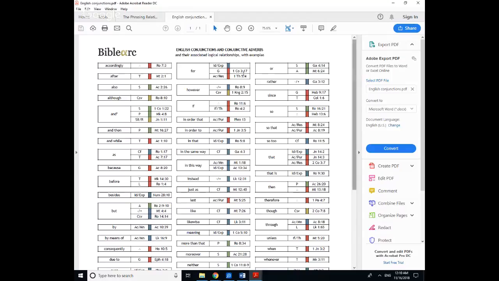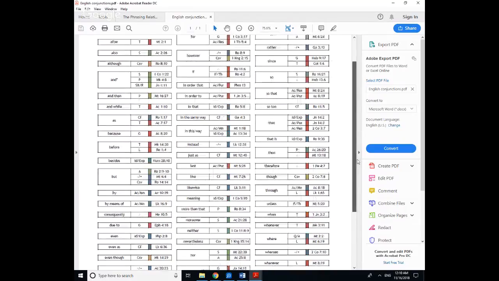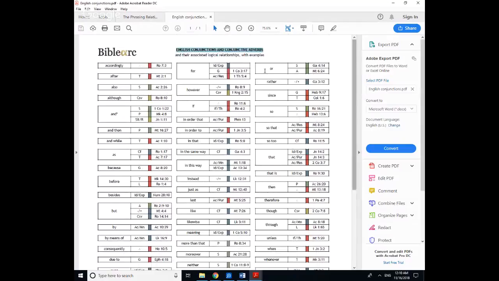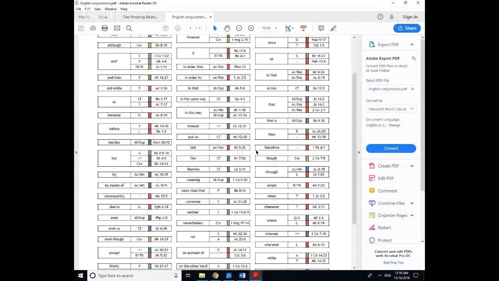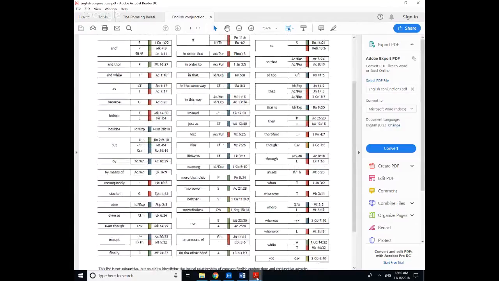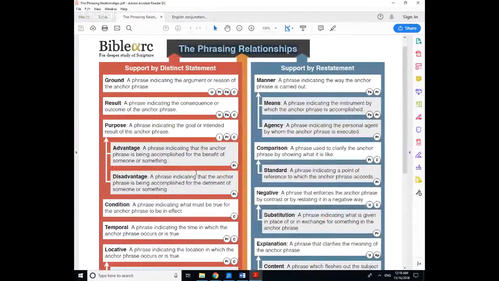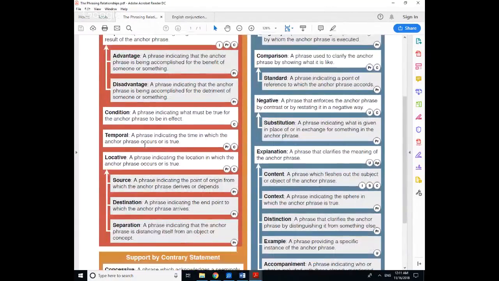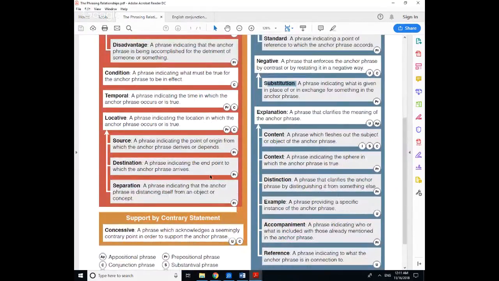Okay. But see right here, this is for Bible arcing, these categories and stuff like that. And the problem with that is that arcing deals with the relationship between clauses, whereas phrasing is a lot easier to do. Honestly, it is. But you're using the same categories. But see, look, they got some other ones, substitution and things like that.